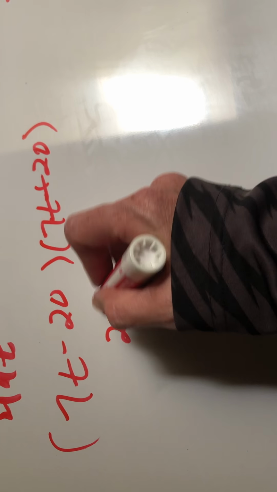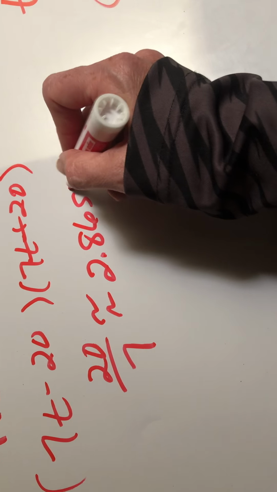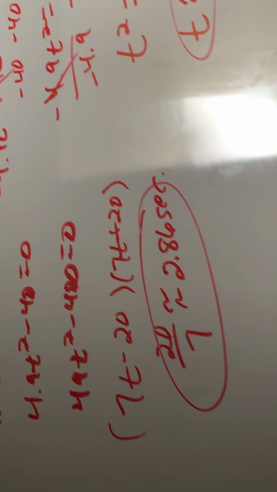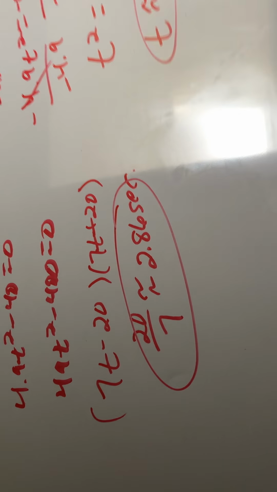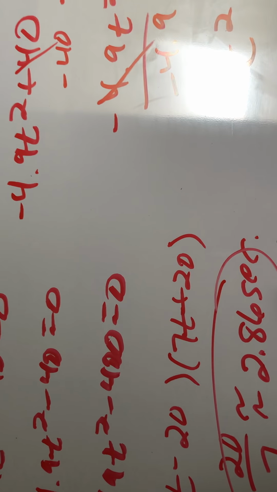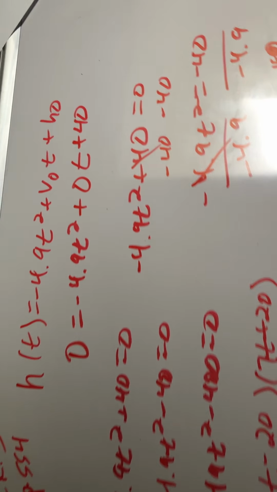We only want the positive 20 over 7. Well, 20 over 7 is about 2.86 seconds. We only want the positive because we're looking at time. Time cannot be negative. Remember, time cannot be negative. Okay, so that's that example. And then G is going to work the same. So practice G. You're going to follow this example right here.